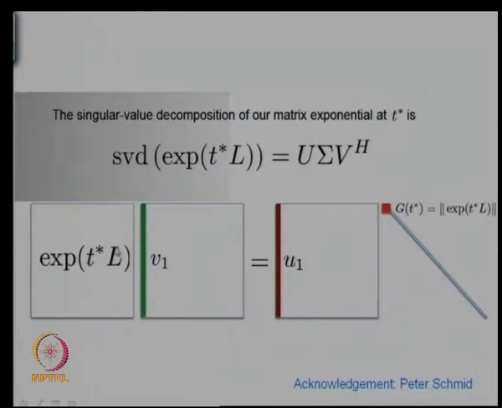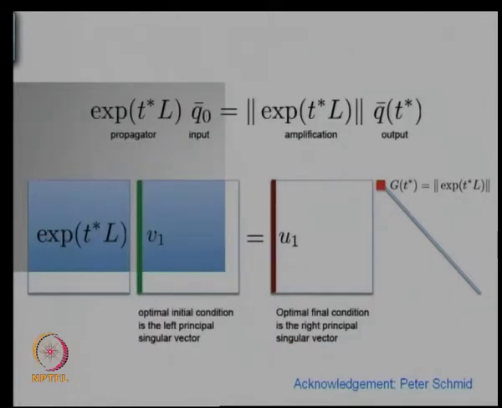Okay, so this operates on V1, you will get U1 times the sigma, which is the norm of this. Now you have the optimum initial condition, and this is wrong actually, it is a right singular vector, and you get it amplified and you get the output direction.